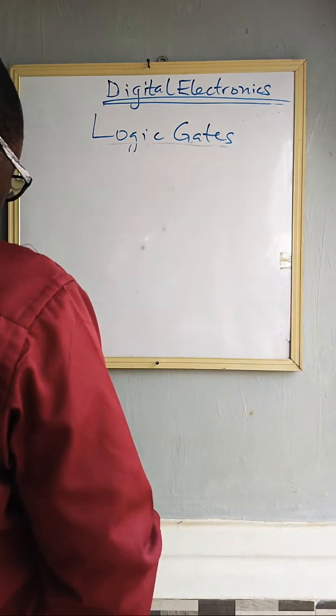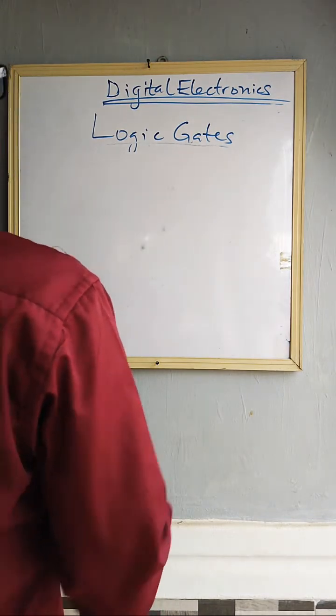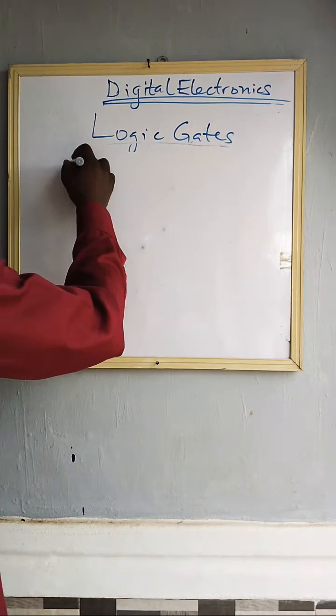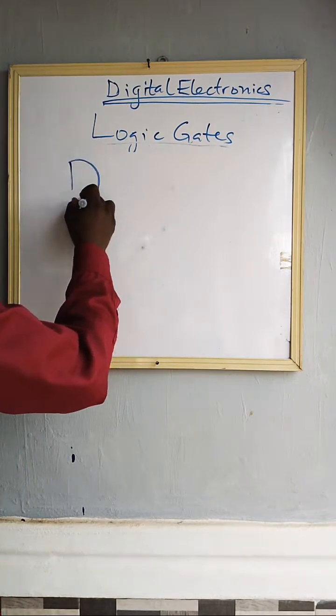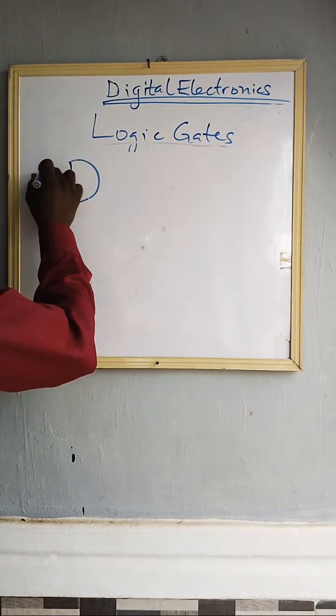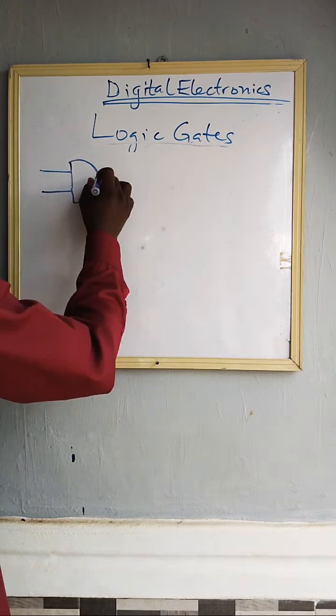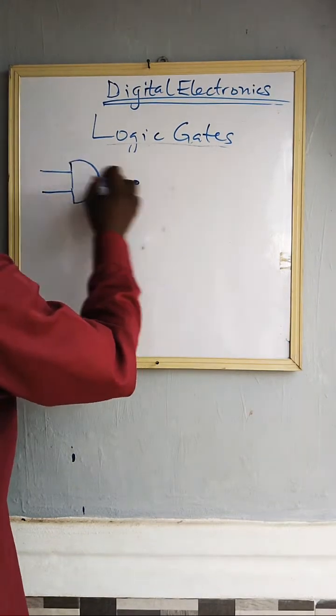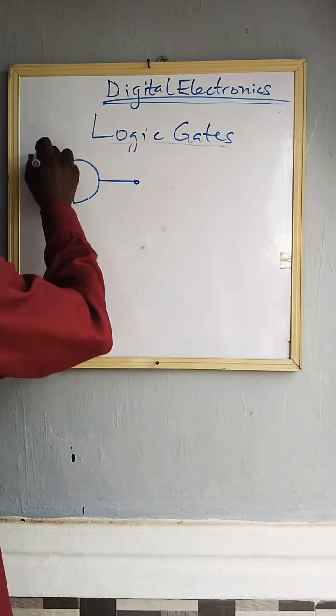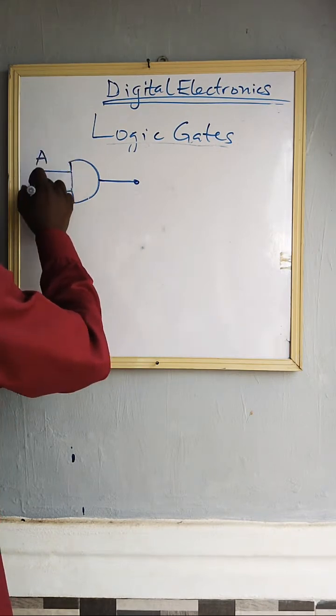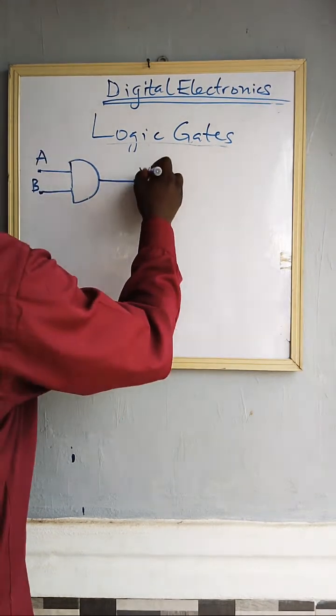So first of all, let's have the symbol of the AND gate. The symbol is like this. Inputs A and B, output Y.